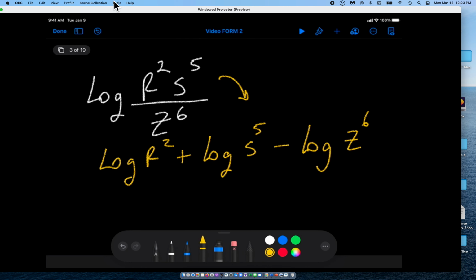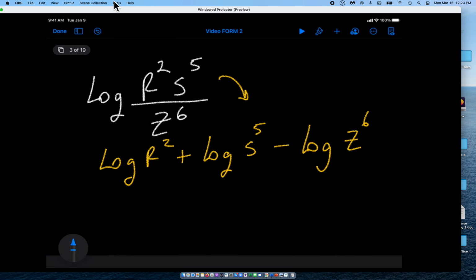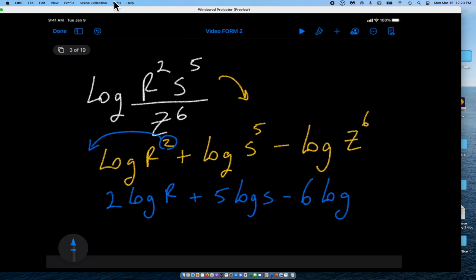Now, there's another property of logs, we might as well get into it right now, whereby if you have an exponent of the argument, you can bring that out front. So this now simplifies to 2 log r plus 5 log of s minus 6 log of z.